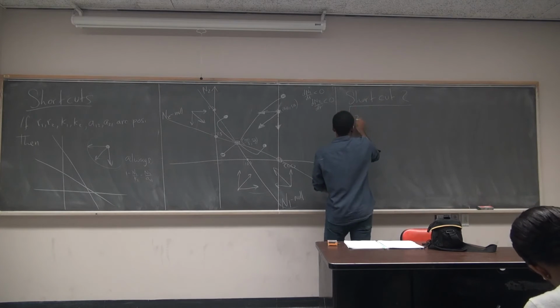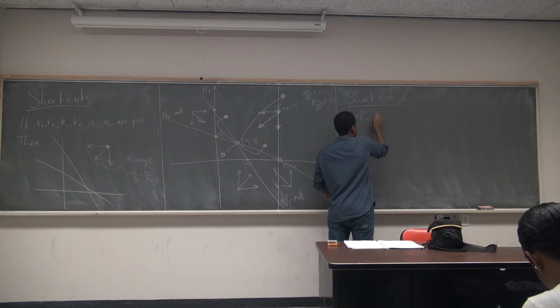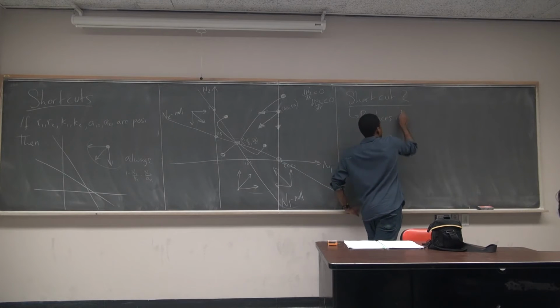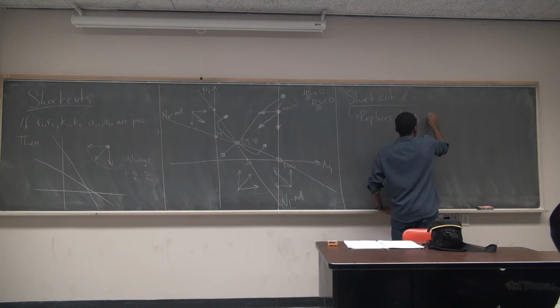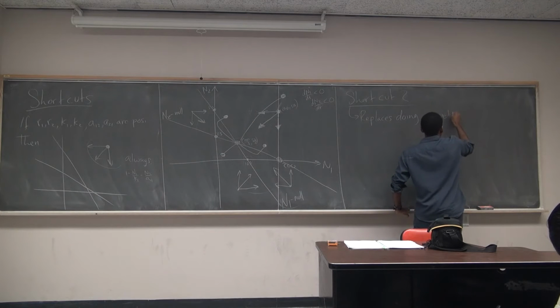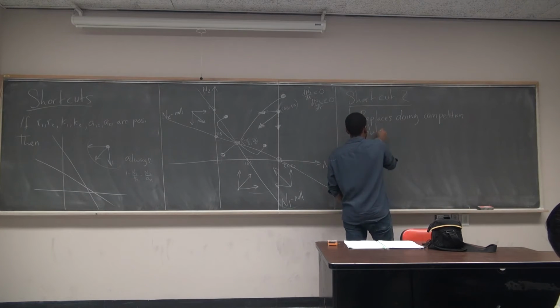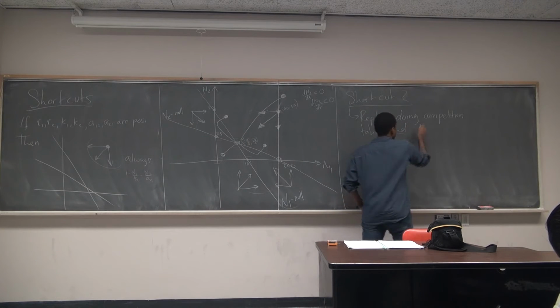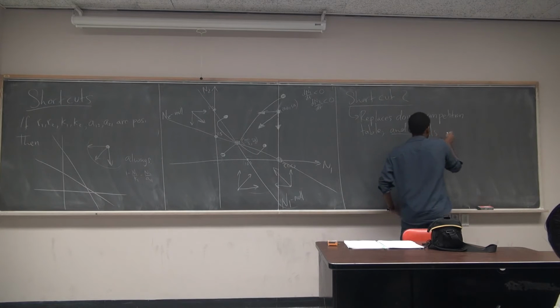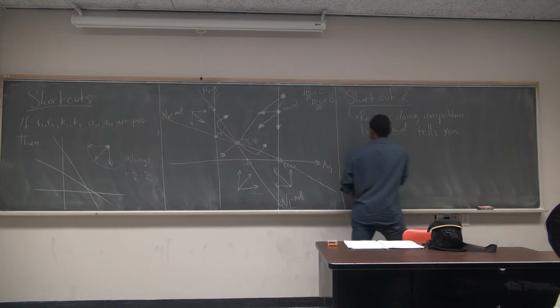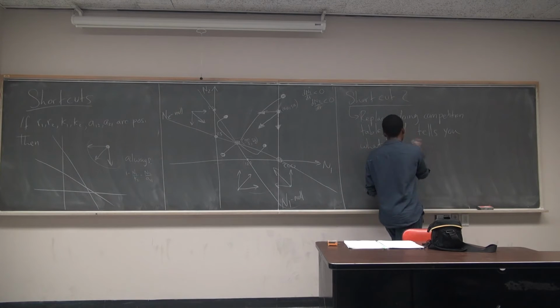Shortcut 2 that I'm going to tell you about actually replaces doing the competition table. And as a bonus, it tells you what the end behavior will be, or I should say long-term behavior.